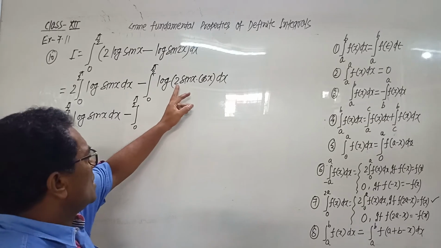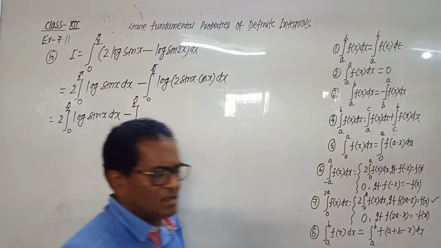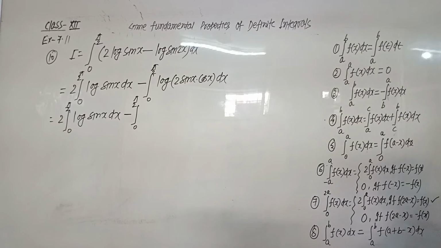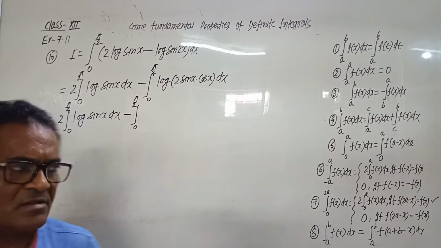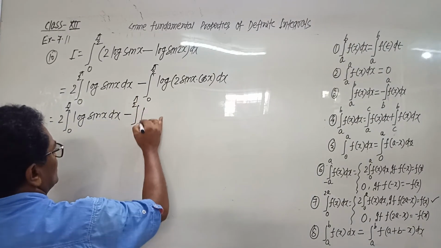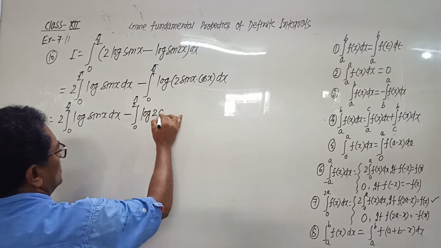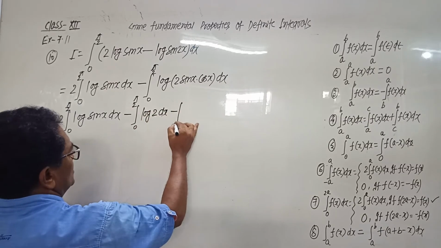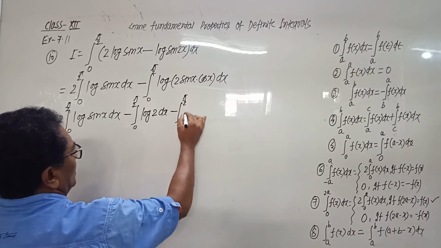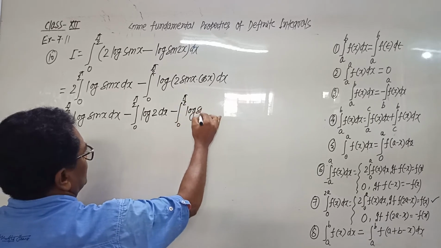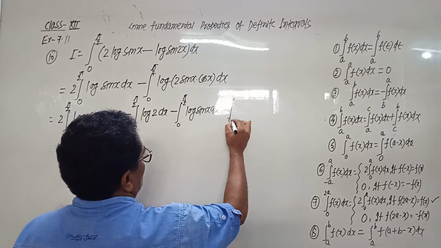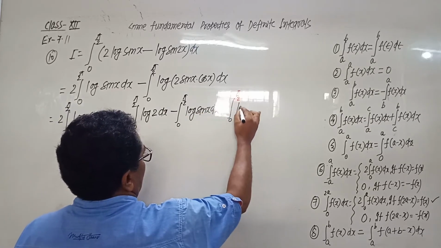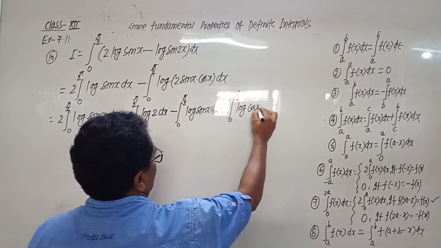This is the form log a into b into c, and we use the property that log a into b into c is written as log a plus log b plus log c. So minus log 2 dx minus 0 to pi by 2 log sin x dx and minus 0 to pi by 2 and log cos x dx.